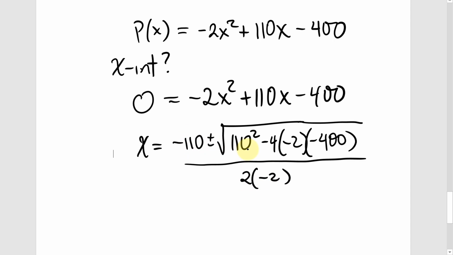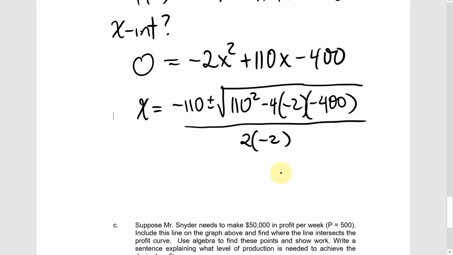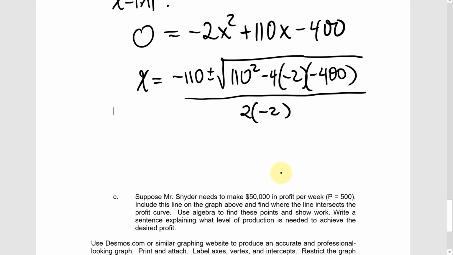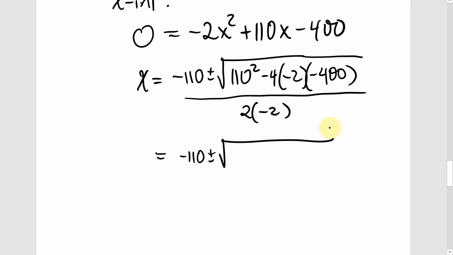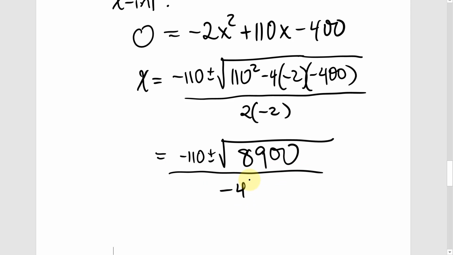So minus b plus or minus the square root of b squared minus 4ac, all divided by 2a. Quadratic formula. So inside the square root, 8,900, everything divided by negative 4.